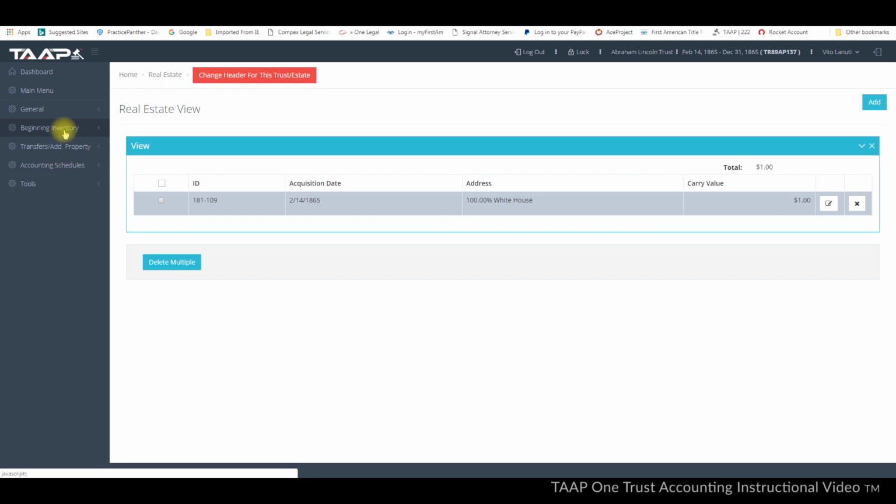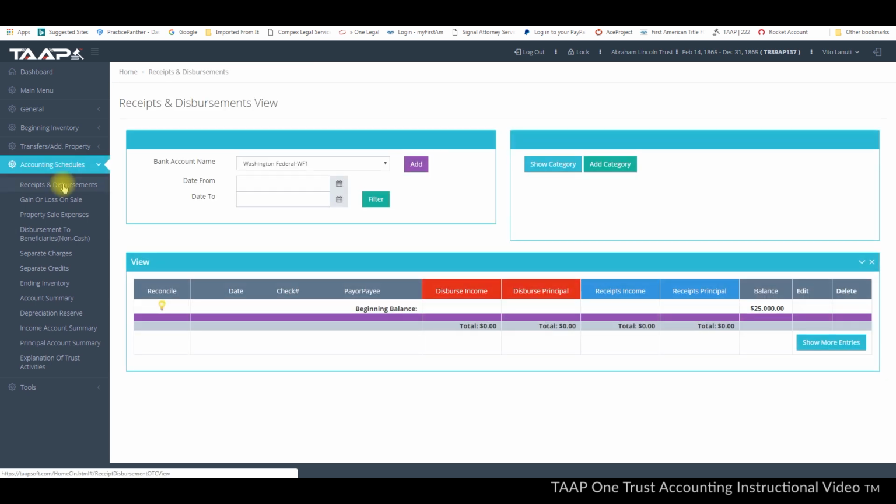All right, so we're talking about how we're going to divide receipts and disbursements between income and principal. So this is our complex module receipts and disbursements view screen, where we would make entries related to the checking account.